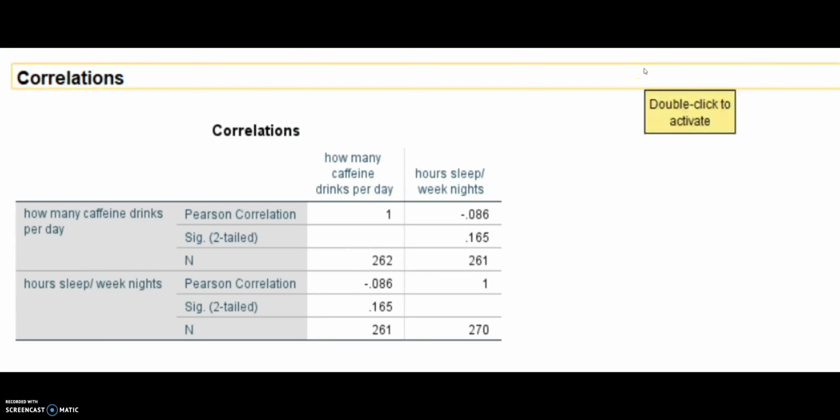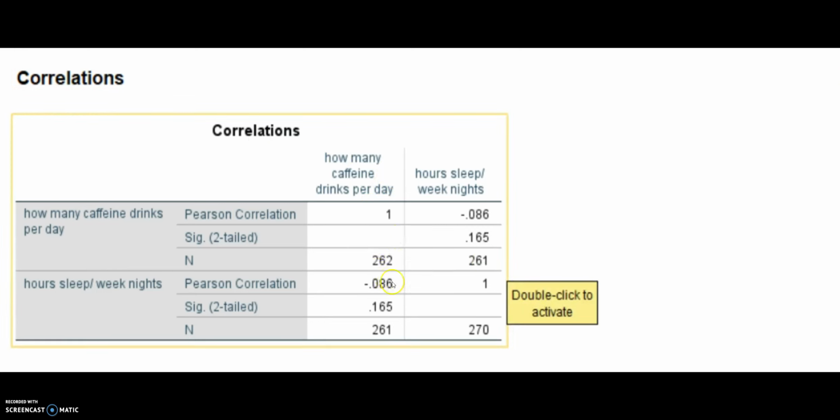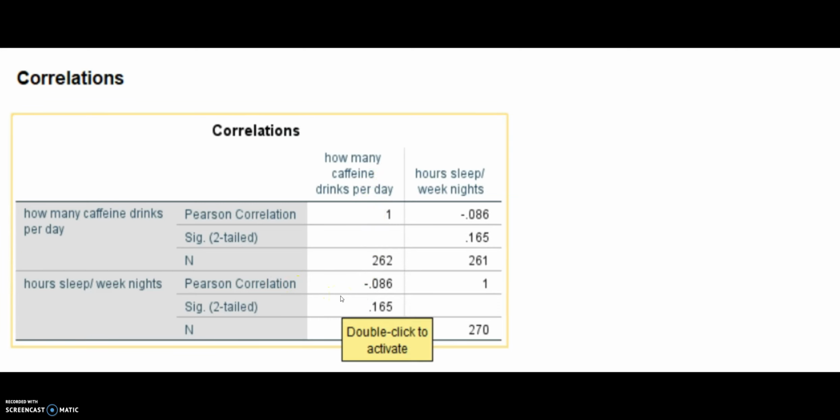So we're going to look at the number here, and it looks like the association for caffeine drinks and weeknight sleep is negative. It's negative, but it is also considered a weak relationship. So you're going to look at this as your coefficient right here.